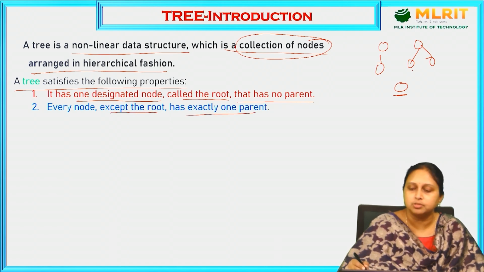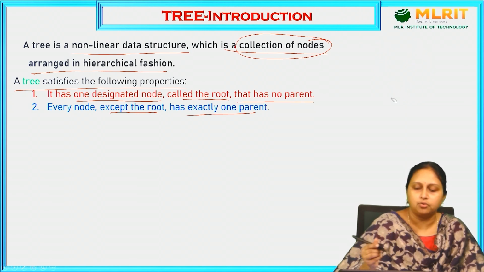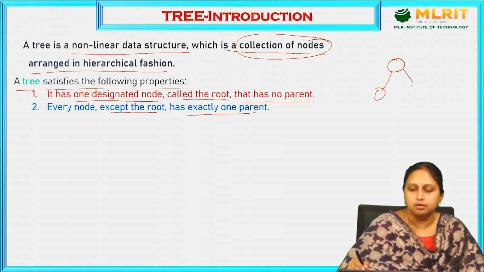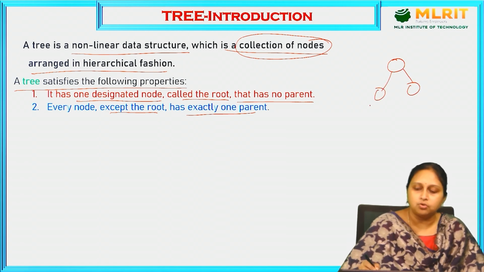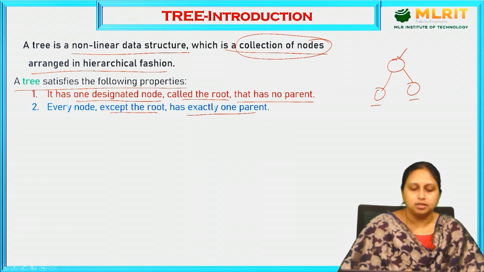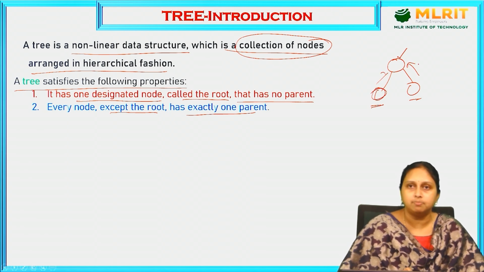Suppose I take this node with two children. Every node except the root node has exactly one parent. This node has a parent, and this node has a parent. Exactly one parent it should have.